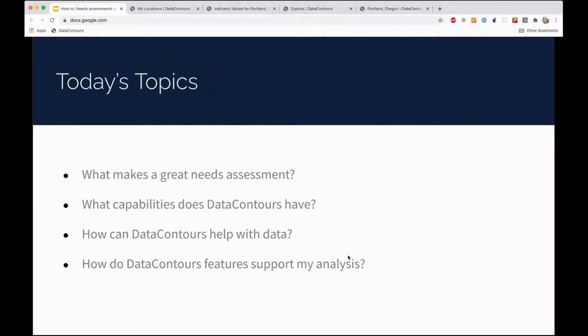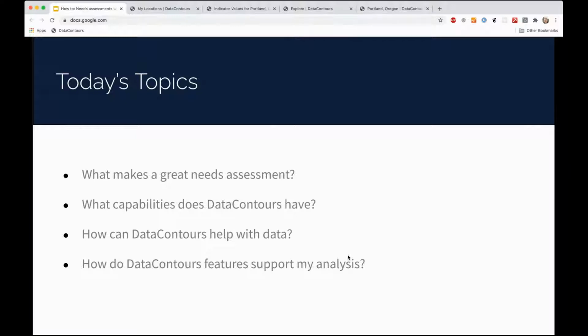So for today, we're going to try to answer 4 questions. The first one is, what makes a great needs assessment? We'll talk about some general questions you're going to want to answer. We'll provide a framework for how to think about your analysis, how you can structure your report, and what might be most useful. Then we'll talk about the capabilities of DataContours.